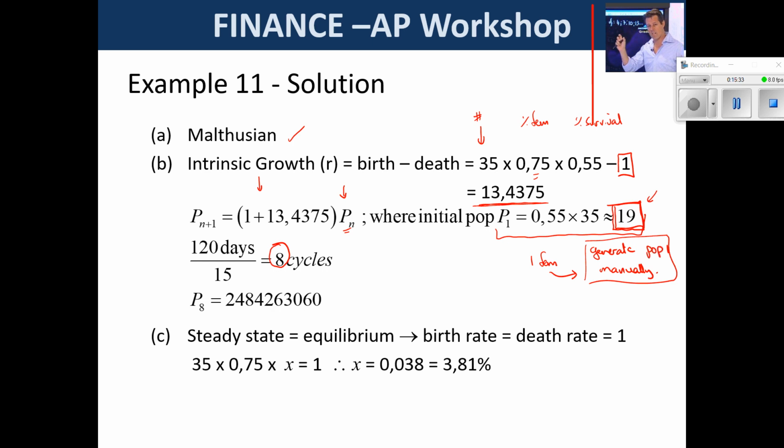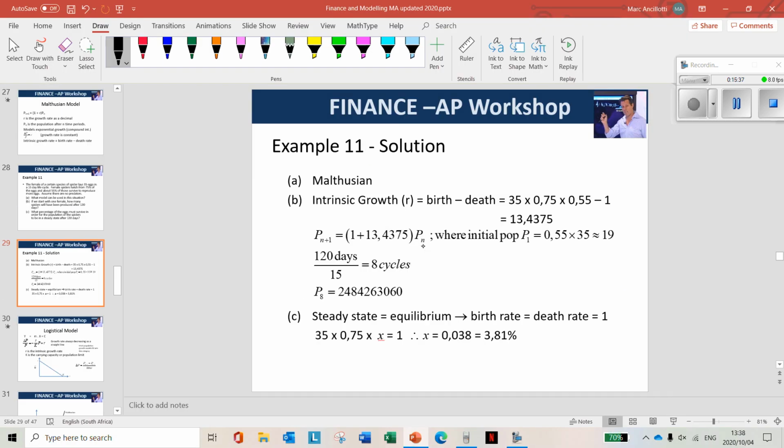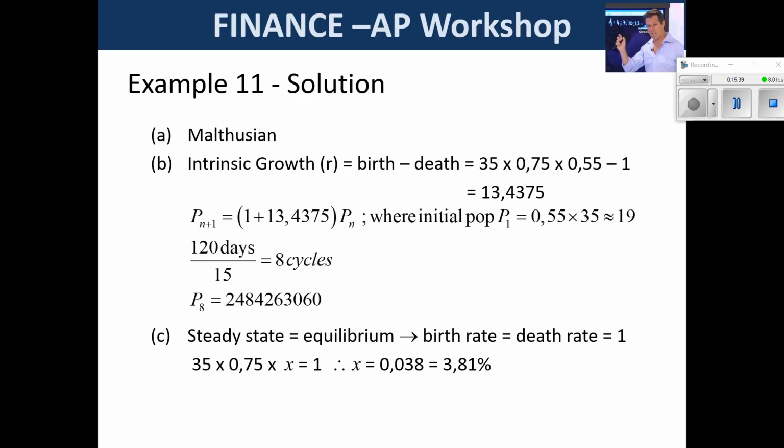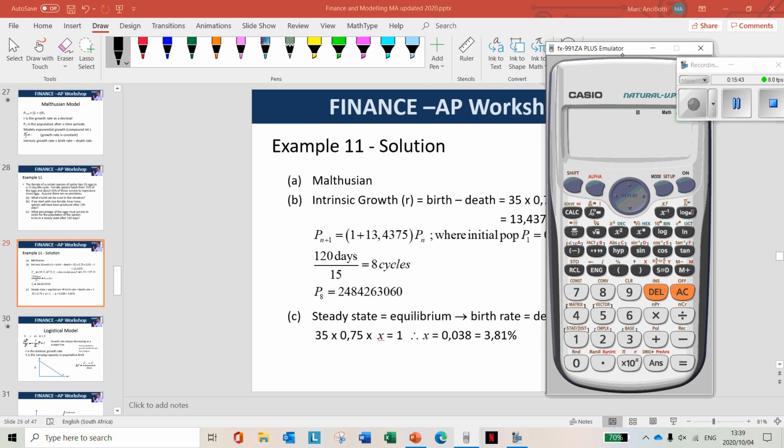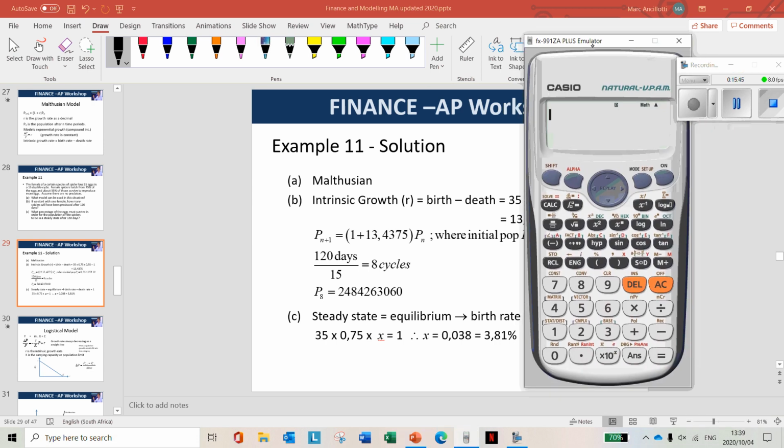Now I want to go and do this on a calculator again so that you can get to see what I've done. So if I just go to my calculator, we are starting with a population of 19, equals, and then I say to myself, well, that is going to be the population that changes. So that will go in as the answer.